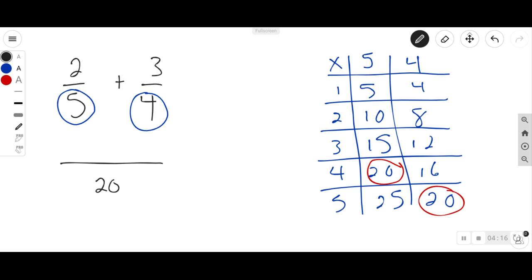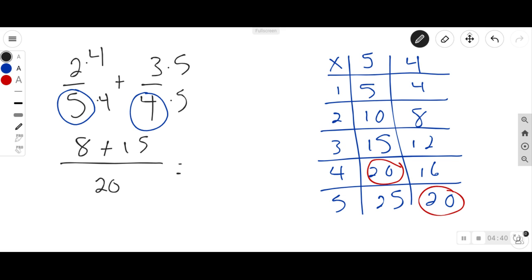Now, since the denominator changed, the numerator has to also. To get a 20 with the 5, I had to multiply by 4. So whatever you do on the bottom, do on the top. It's always about balance. So that's an 8. For the 4, I had to multiply by 5. So I do that to the top and I get a 15.